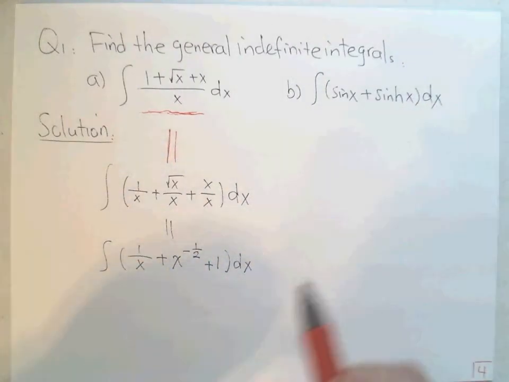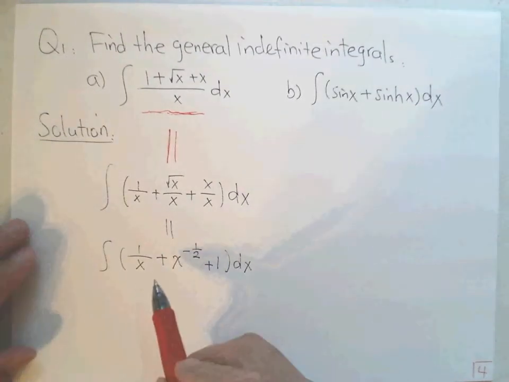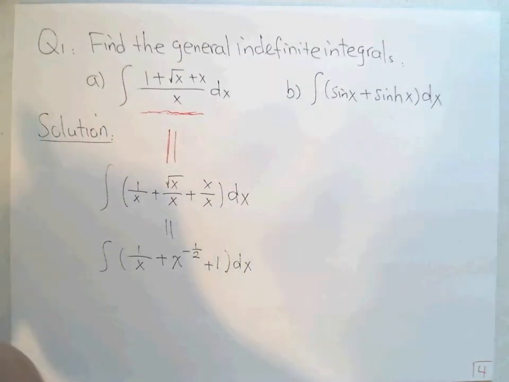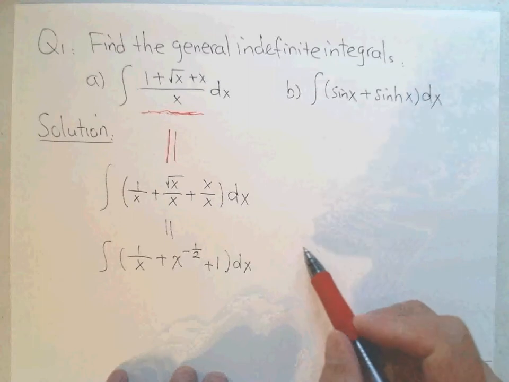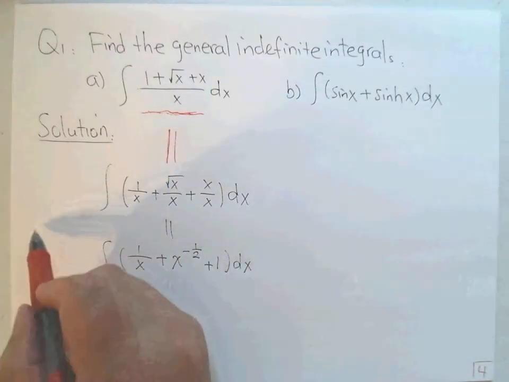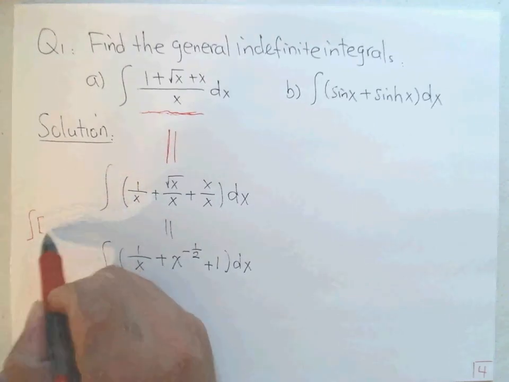So now what can we do? Remember we have a sum formula, right? I think I did not put the sum formula there, so let me put the sum formula here. We have a sum or difference formula, which is this.